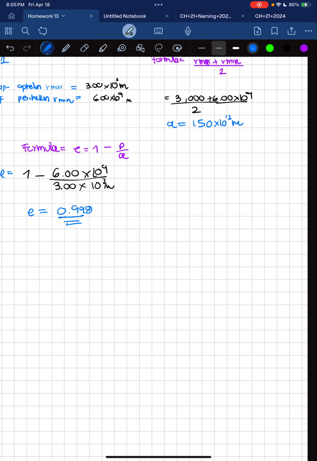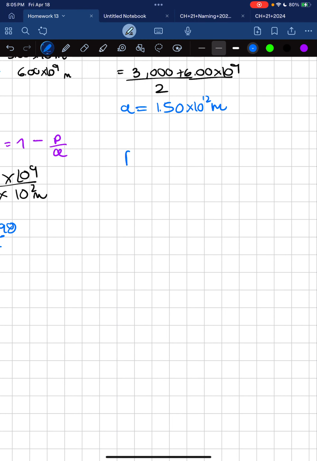Now let's go ahead and do part C in this corner. Let's see what they're asking us for part C. For this comet's orbit, find the period. So let's put the formula for the period. It's gonna be period squared equals 4 pi squared times a cubed over mass times gravity. So let's plug that in.